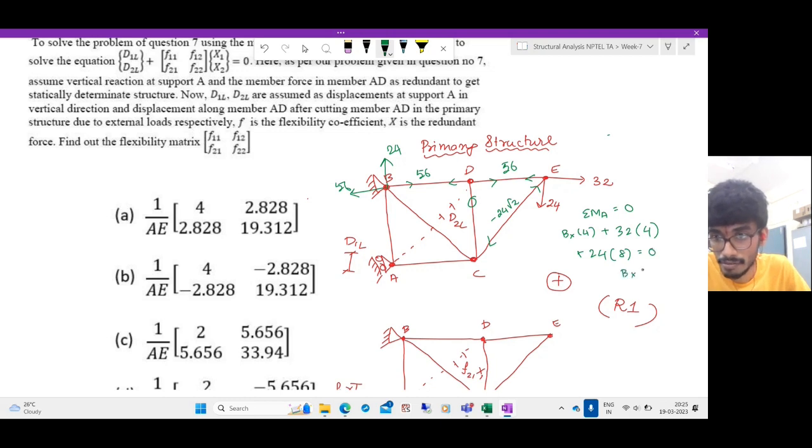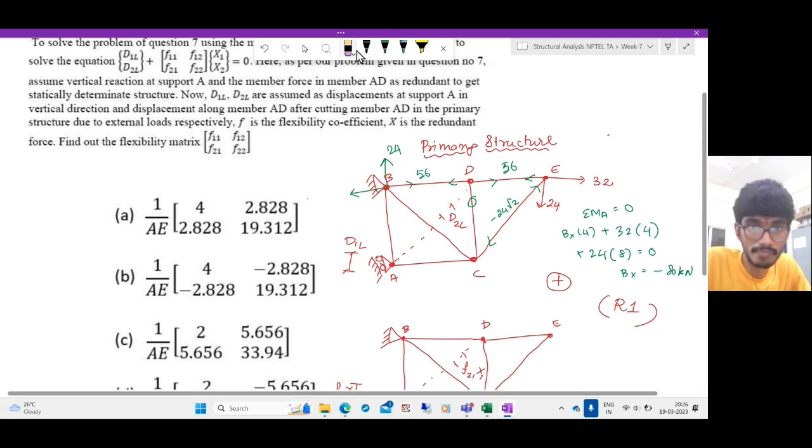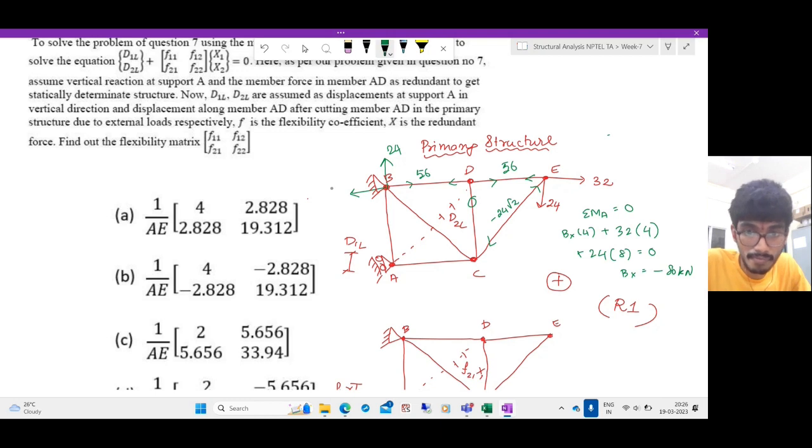So Bx, dividing through by 4, we get minus 32 plus 48, so this is minus 80 kilonewtons.